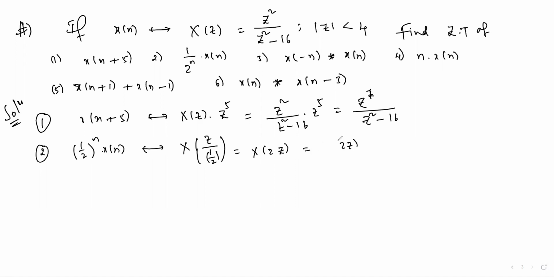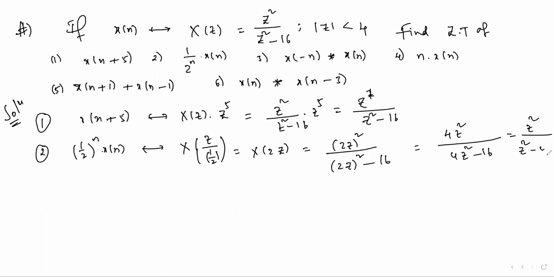That means 2z whole square divided by 2z whole square minus 16. Z square by z square minus 2.